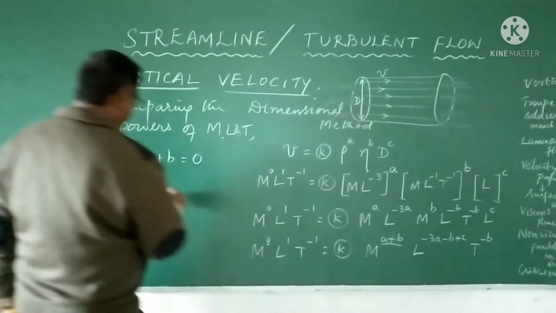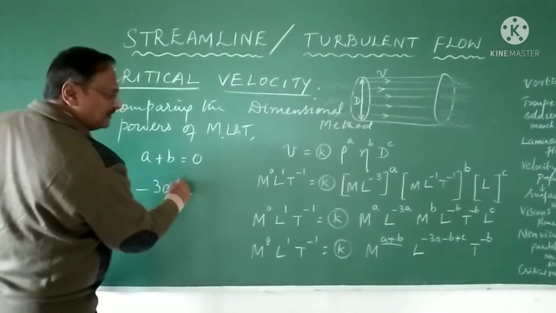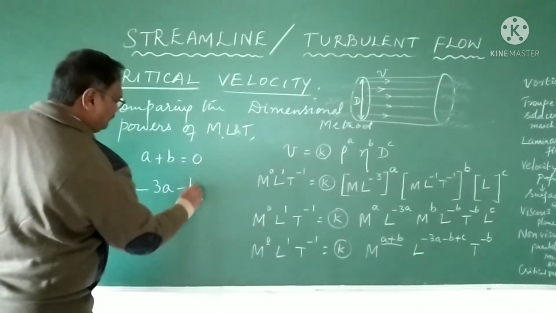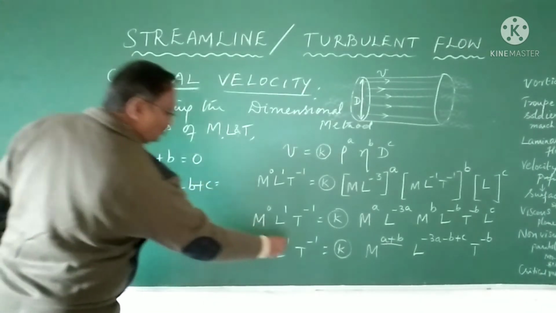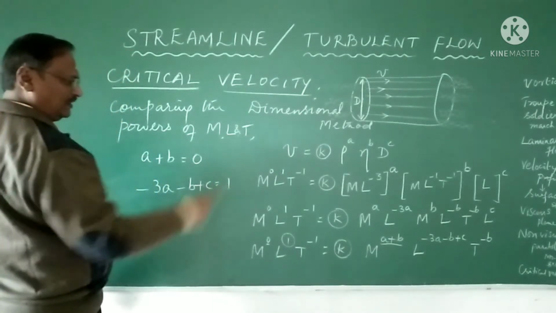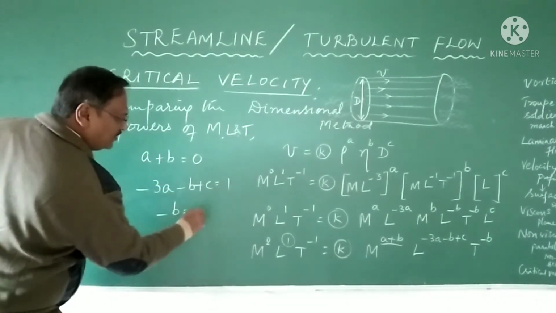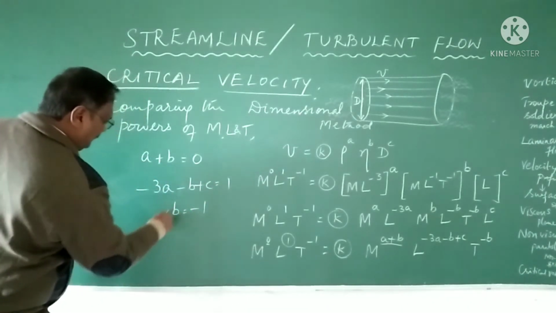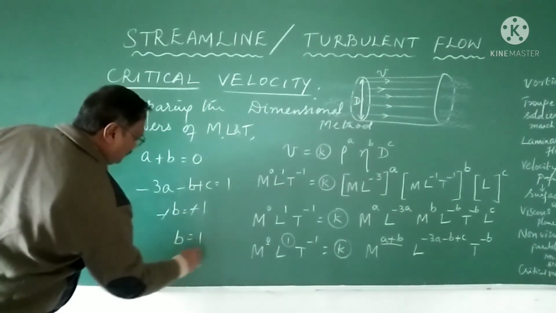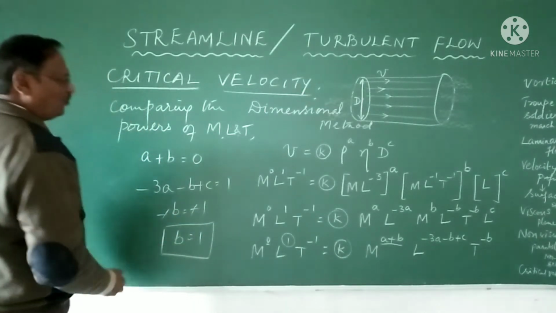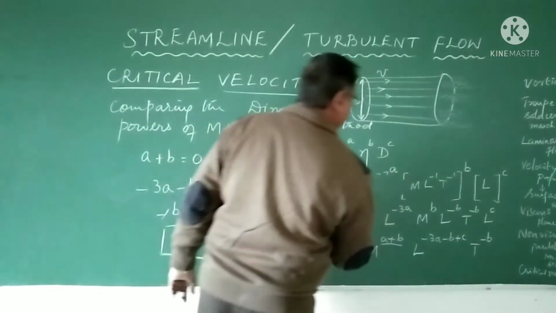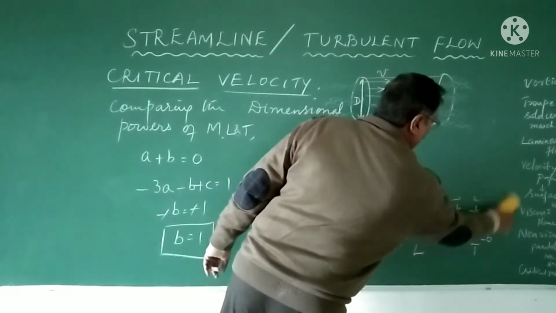Next, for L: minus 3A minus B plus C is equal to 1. Last, for T: minus B is equal to minus 1. Minus minus goes, B is equal to 1. We got one value. So let me erase this part and solve it here.